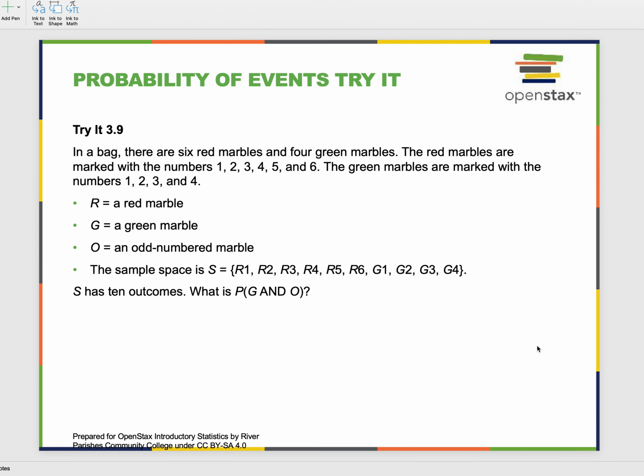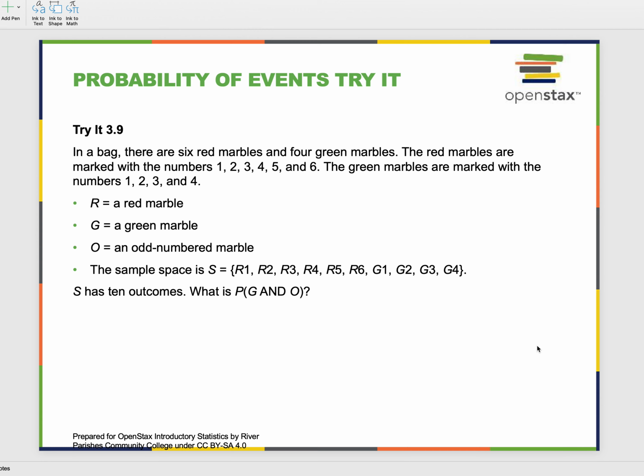Try this. In a bag, there are 6 red marbles and 4 green marbles. The red marbles are marked with the numbers 1, 2, 3, 4, 5, 6. The green marbles are marked with the numbers 1, 2, 3, 4. R is the event of getting a red marble, G means a green marble, and O means an odd number marble.